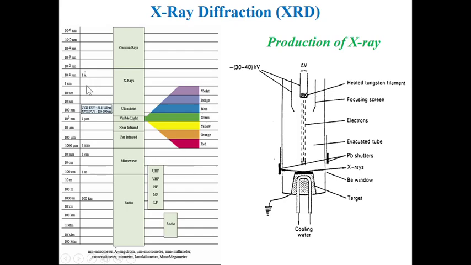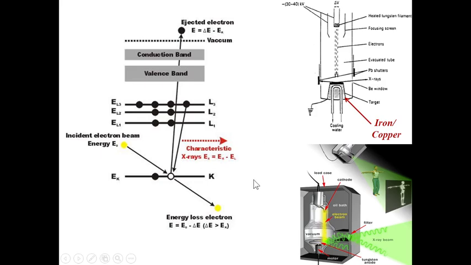So overall, just remember that if a core electron is ejected, then X-ray can be produced. You may write these things in your notes. Draw this figure and this figure.